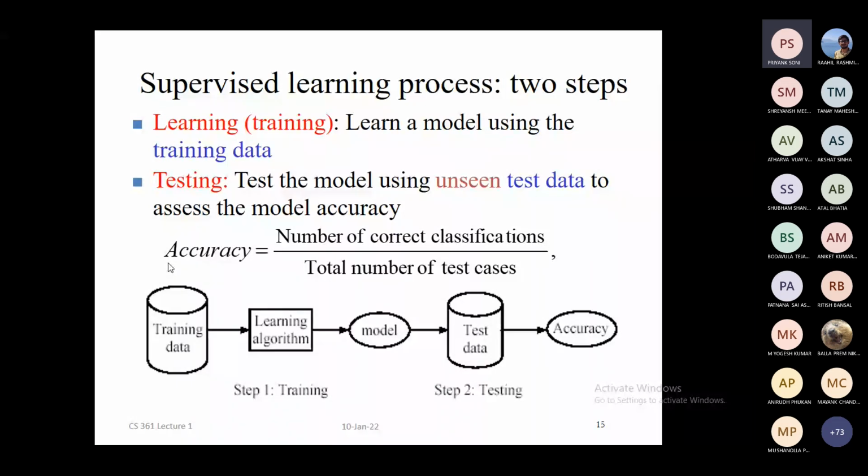And what are the parameters? There are different kinds of parameters. Let's say the weights. In a neural network, there are the weights of your neurons, and there is a bias parameter of the neurons.